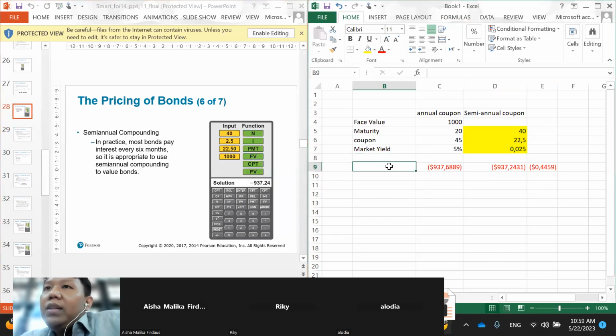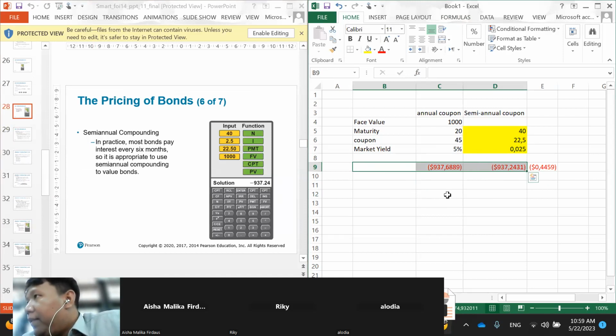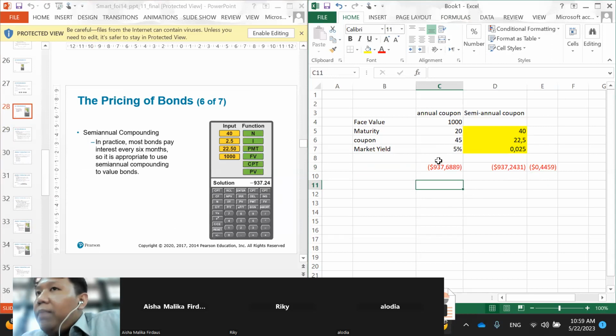Remember here, the present value will always be negative. It doesn't mean that we are paying a negative price, but it's just how the calculation works. So they will give you a negative value, but you take the absolute value of this negative, and it will give you the price that you should pay. So this is the semi-annual compounding bond.